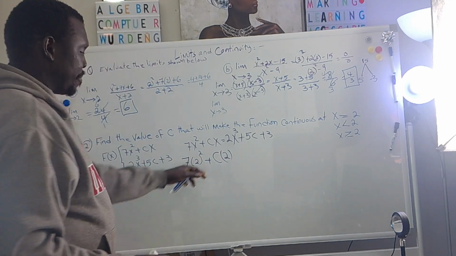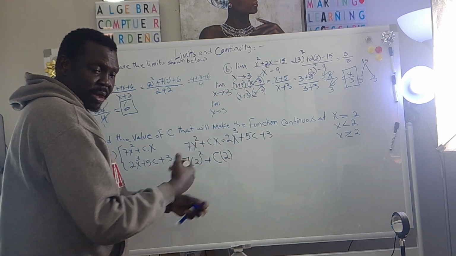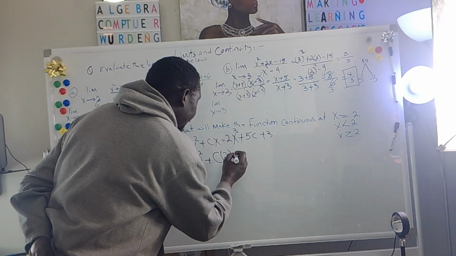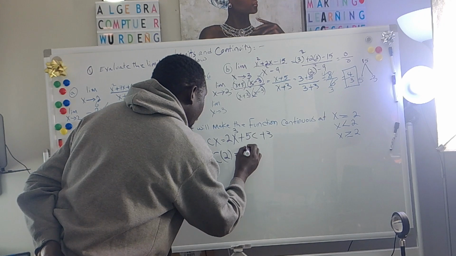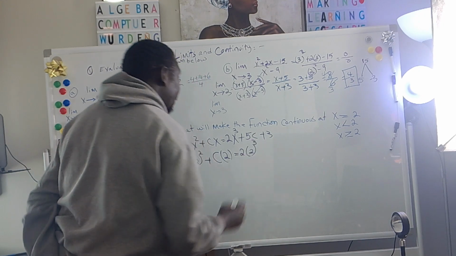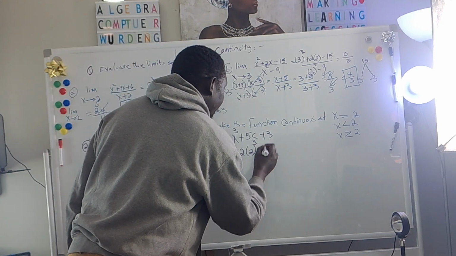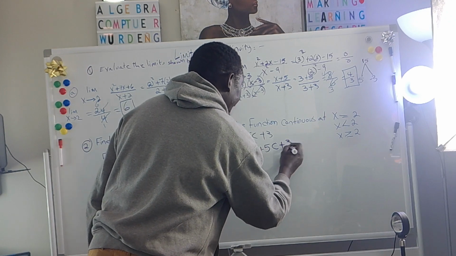The number comes on this side and the variable goes on the other side. Equal to 2 times 2 cubed plus 5c plus 3.